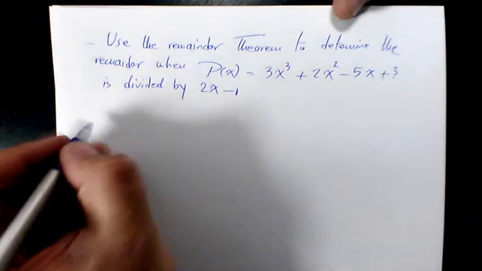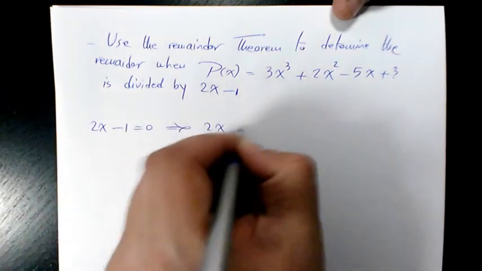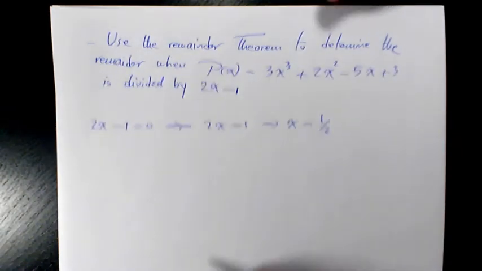Now in this example we can say 2x minus 1 equals 0, so 2x equals 1, which means that x equals 1/2.